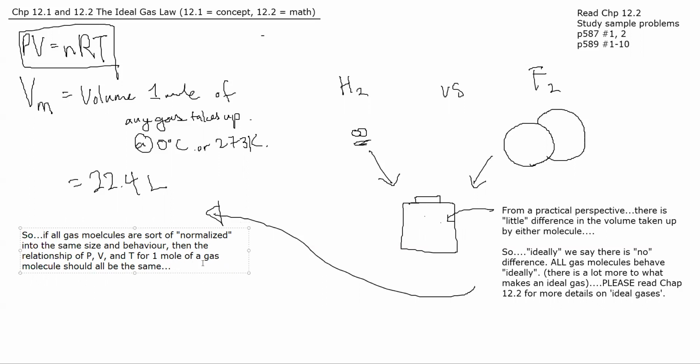From that theory, we come to the idea that for every 1 mole of a gas molecule, the pressure, the volume, and the temperature for every single type of gas is going to be the same.